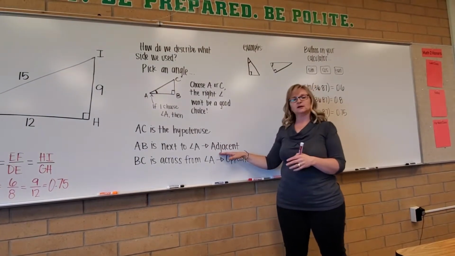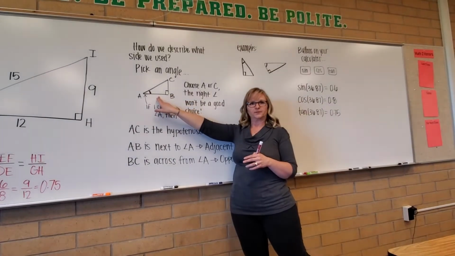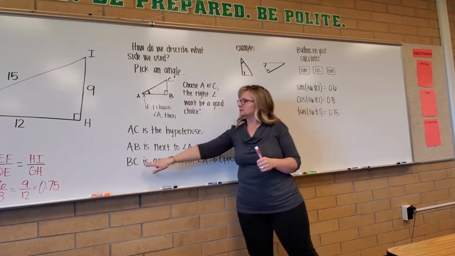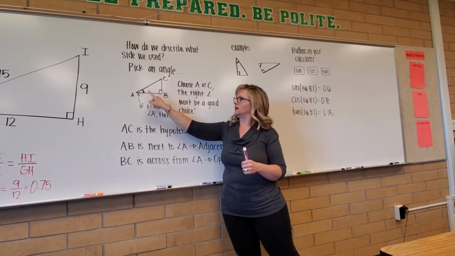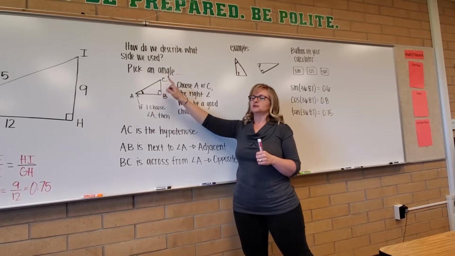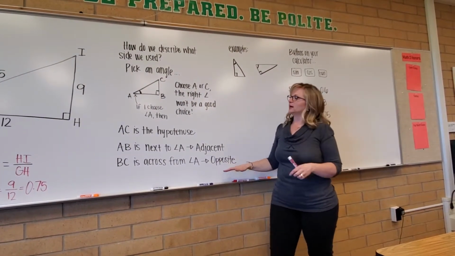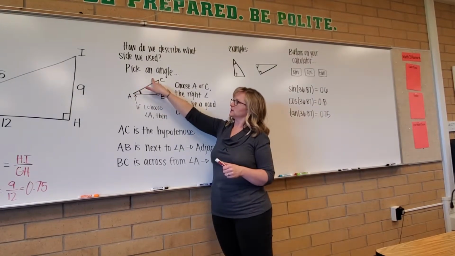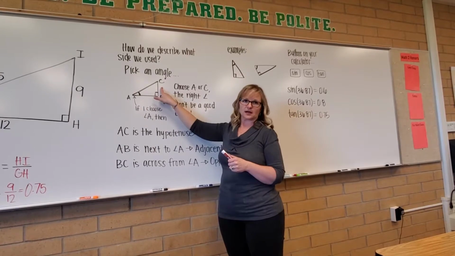So AB is what we call the adjacent side in this triangle. And then BC, I would say this side is across from angle A. Do you see how you go all the way across the triangle to get to BC? So in math, we call that the opposite side. So in this triangle, we have the hypotenuse, the adjacent side, and the opposite side.